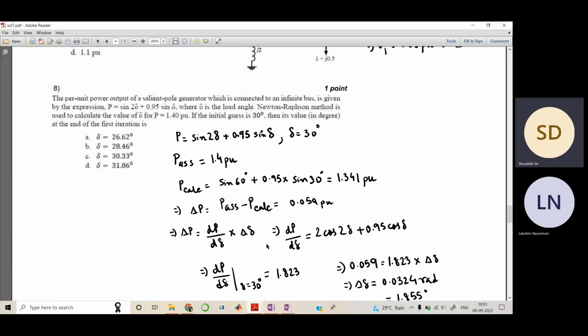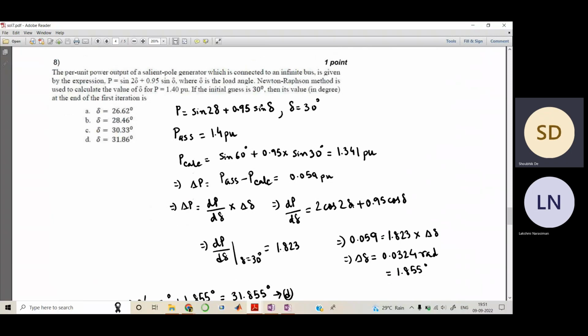And this is the formula: delta P equals dP by d delta into del delta. You have to take the first differentiation of P and replace the value of delta, which comes out to be 1.823.